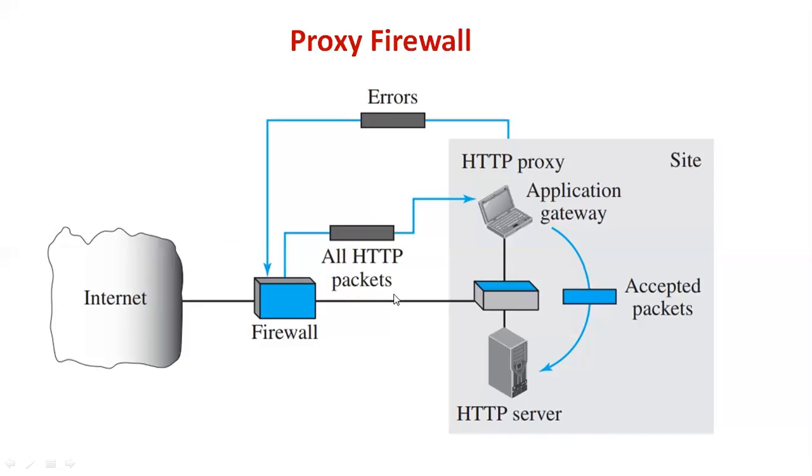If the request is approved, it allows the user to access the internet. Otherwise, if the request is unapproved, the firewall does not allow the user to access the internet and sends an error message to the user.